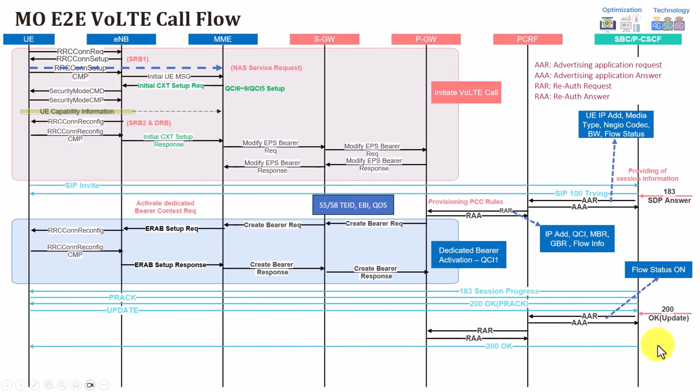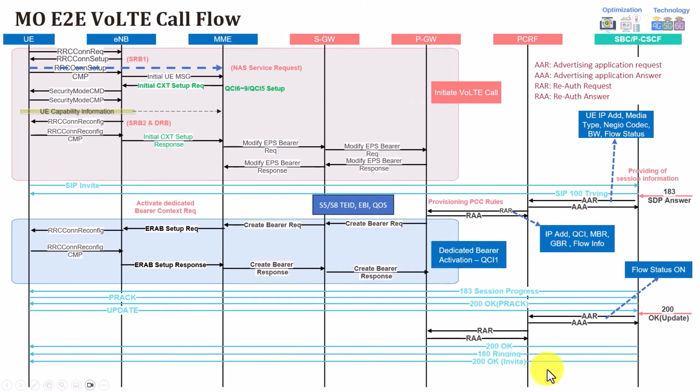So directly now, the terminating will send a 200 OK message. This one will be sent once the serving P-CSCF sends to the UE the 200 OK as a response for this update message. Now the terminating will be sending to the P-CSCF of the originating the 180 ringing and 200 OK invite. 180 ringing will be sent first.